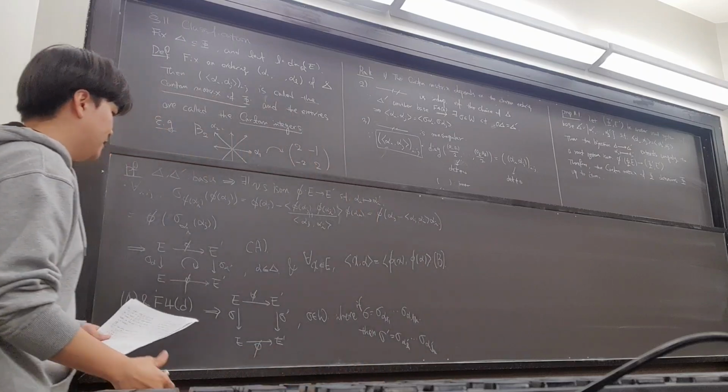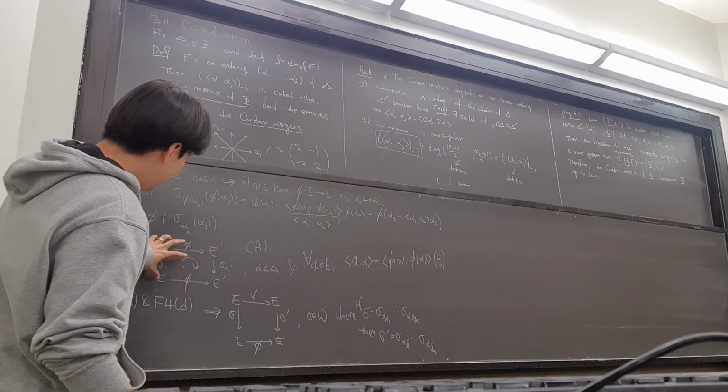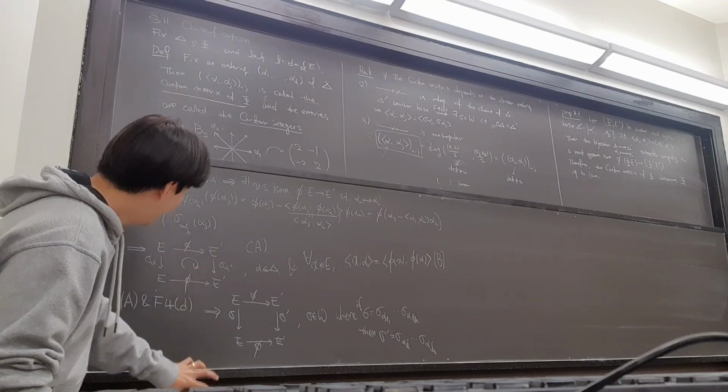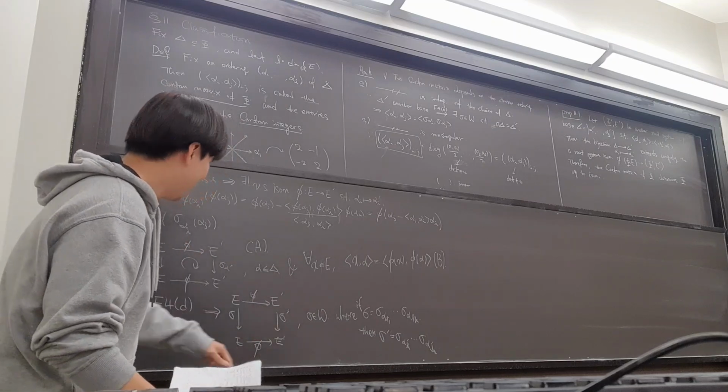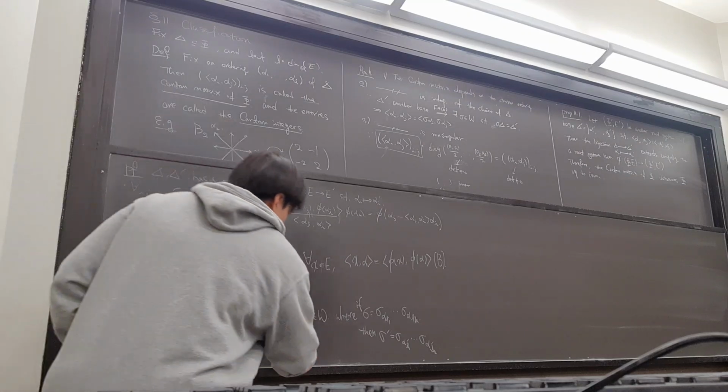We can define it like this, and we can attach this diagram on the bottom, so we can make this commutative diagram.